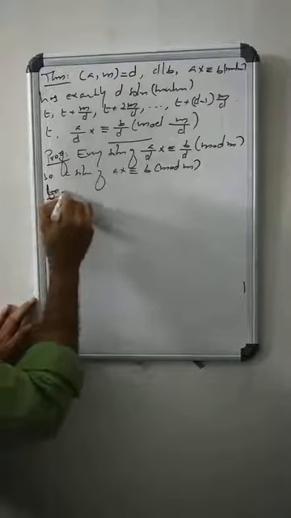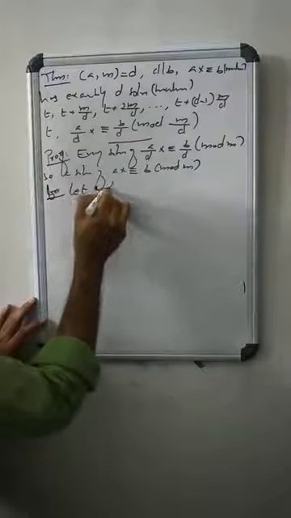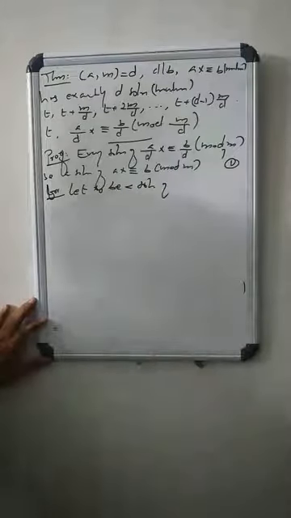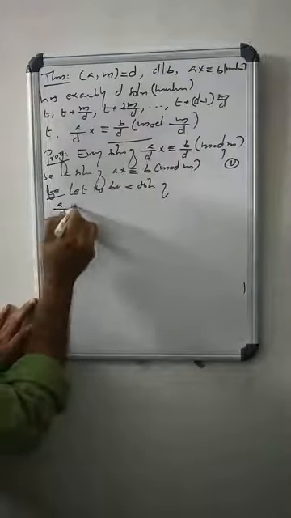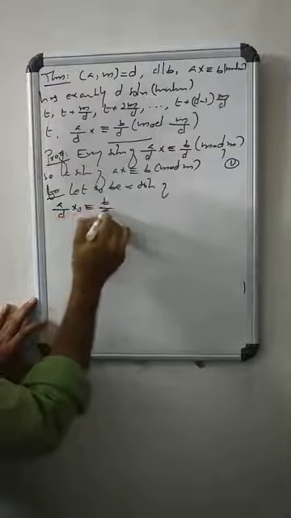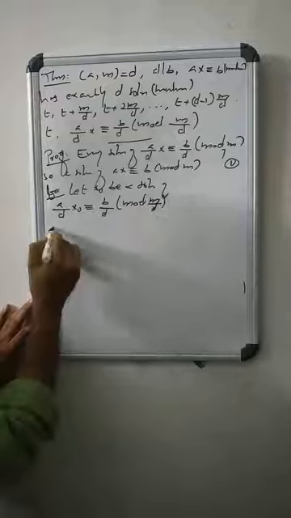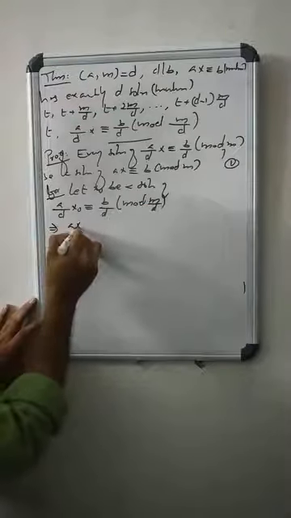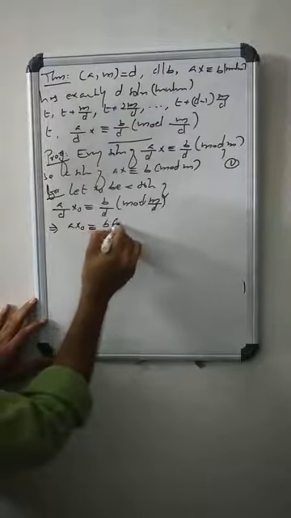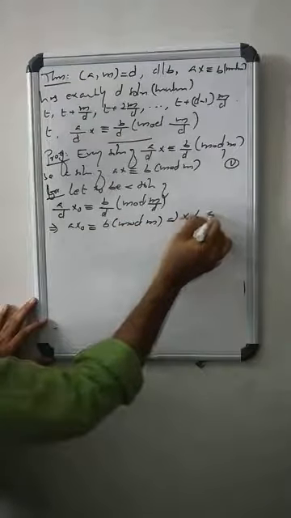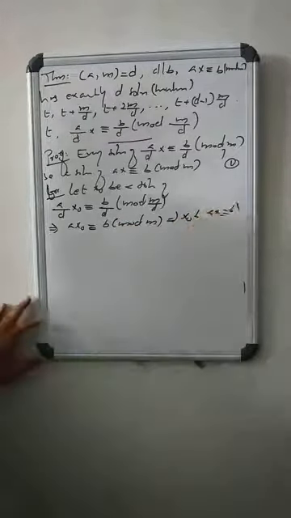Let x naught be a solution of this equation 1. So what you get is (A/D)x naught ≡ B/D mod M/D. Multiplying throughout by D, we have A x naught ≡ B mod M. That means x naught is a solution of the linear congruence Ax ≡ B mod M.